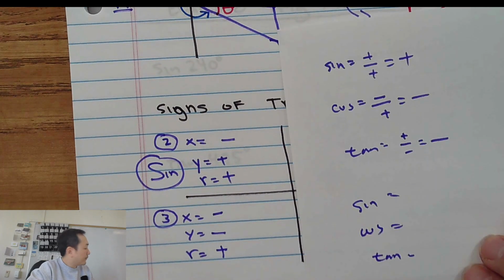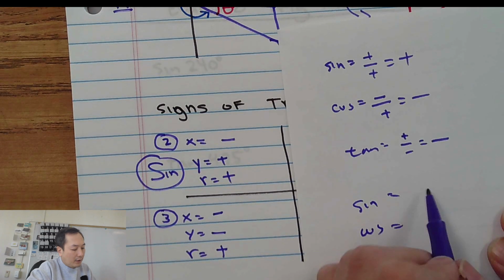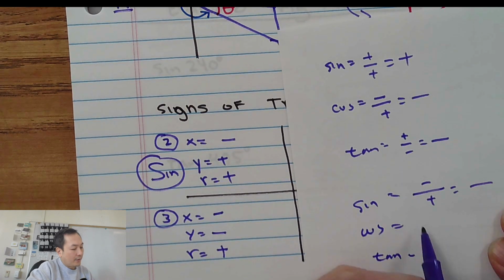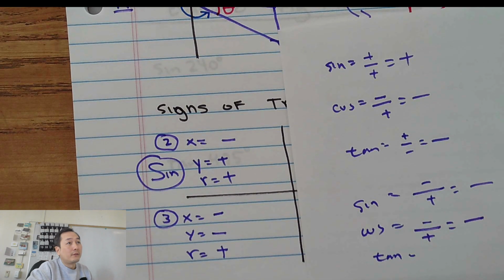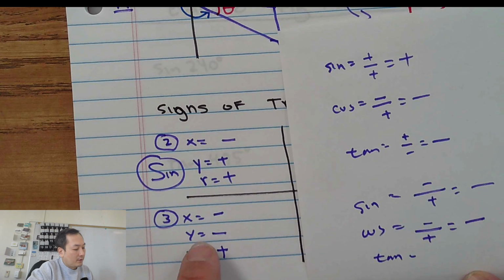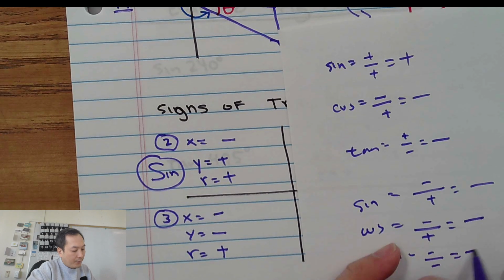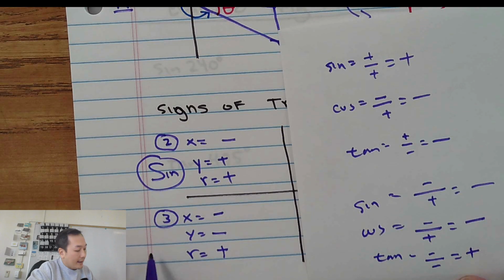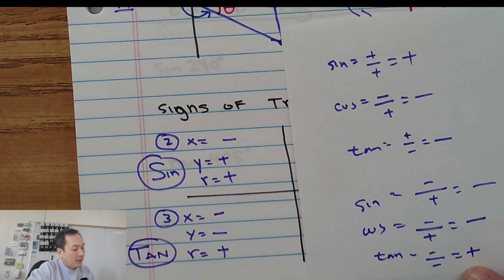Sine is y over r, negative over positive, so that's negative. Cosine, x over r, negative over positive, so that's negative. Tangent, y over x, negative over negative, which is positive. So here, my tangent is positive.